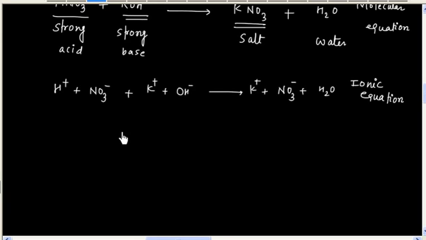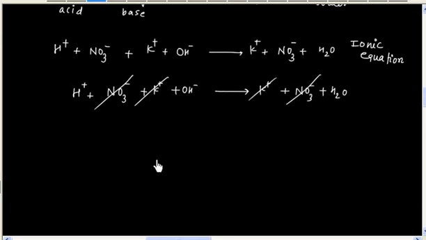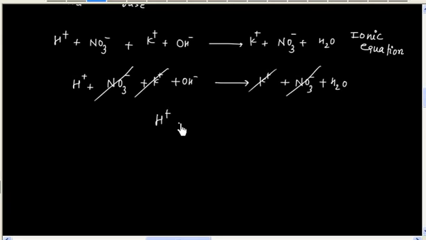Now we can also write net ionic equation, that is simply we have to cancel out the spectator ions. So NO3 minus is a spectator ion and K plus is a spectator ion. So this is the net ionic equation. H plus plus OH minus, that gives H2O.